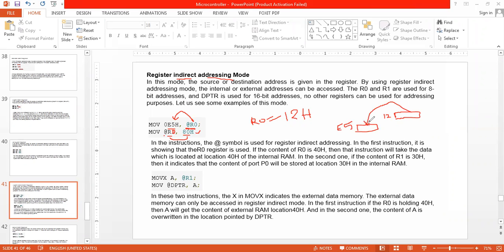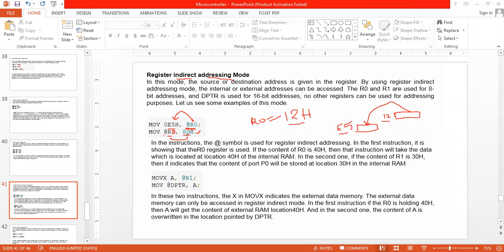So what is actually happening? E5H is not going to load 12H. E5H is going to load the value from the memory location 12H. So who is going to give this 12H? R0 is going to give that address, right? So the data which is present inside R0 is considered as an address.